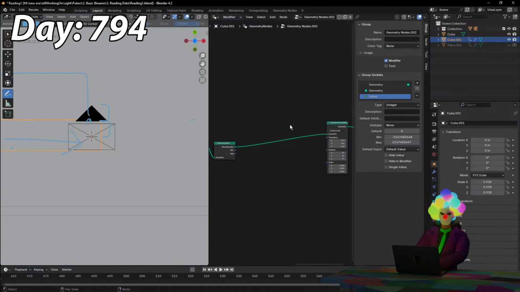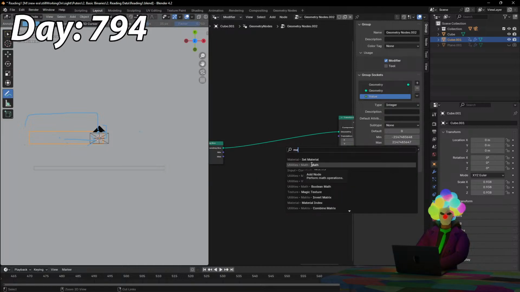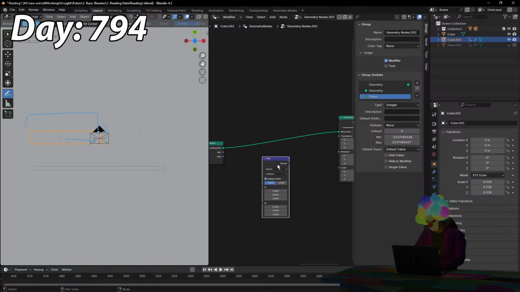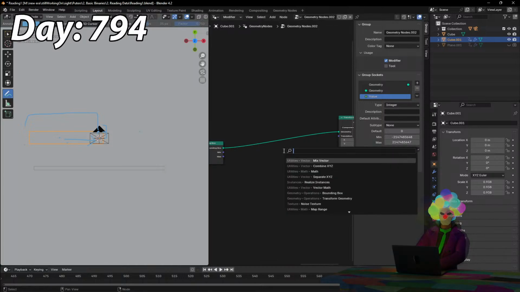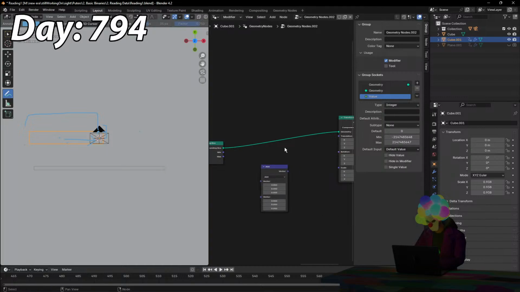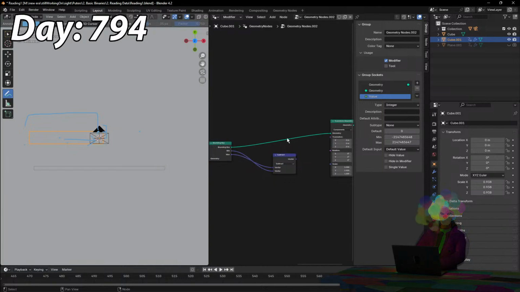Am I mad? What is wrong with me? How can I not figure this out? What we need is the center point, which we can get easily, because that's just vector math. Vector math. Not mix. No, I need my brain to start functioning.